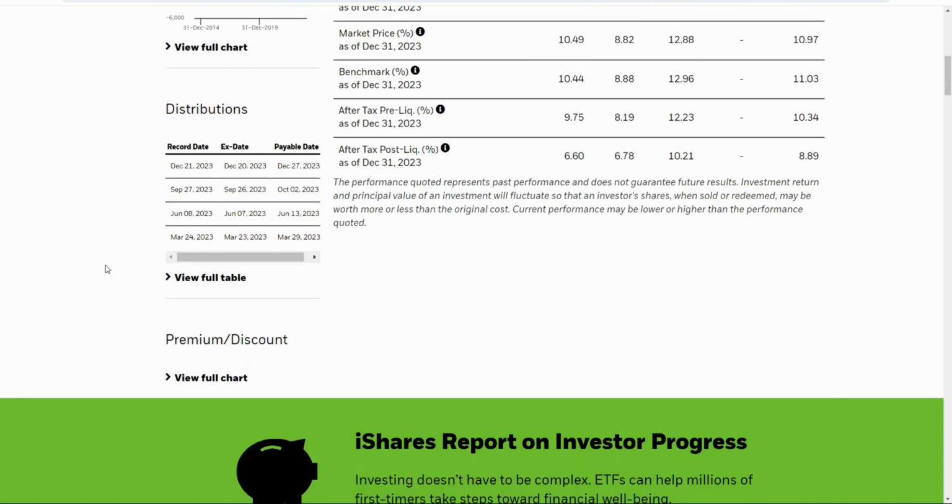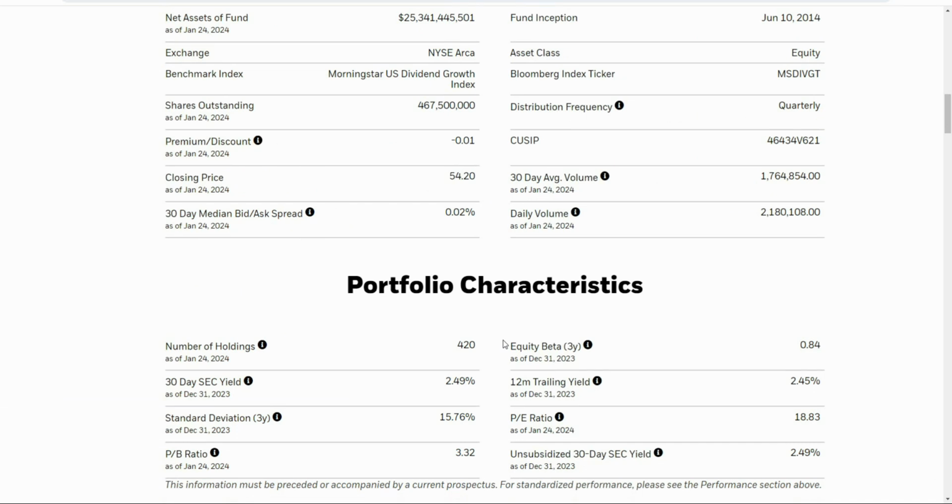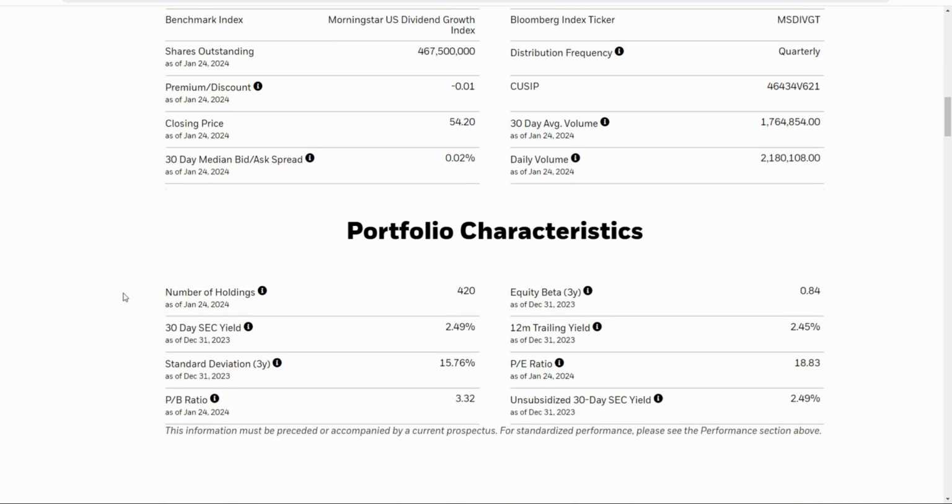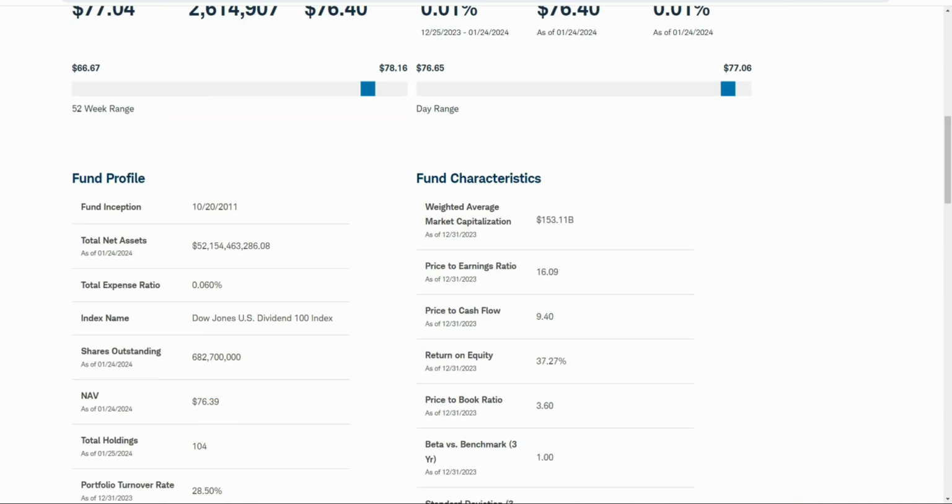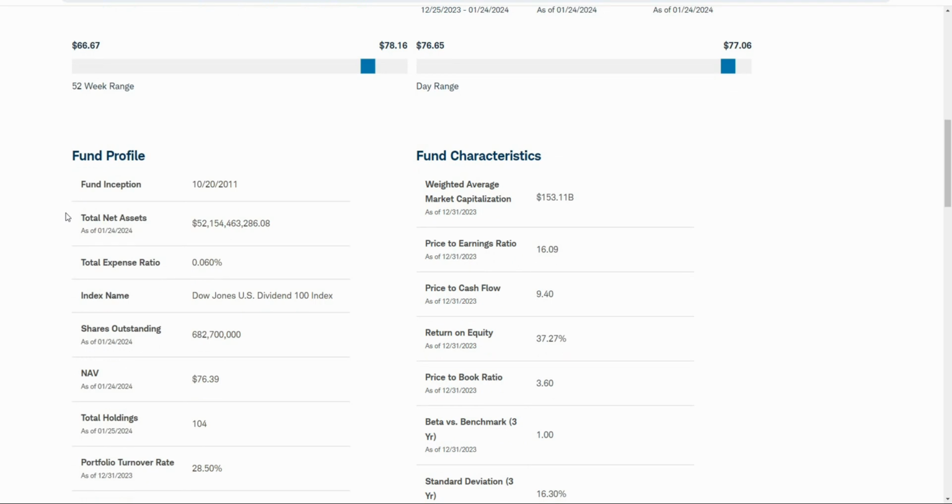Of course, the diversity that this ETF has is much better than SCHD, as this ETF does have far more holdings. So if you want to track more of an overall market, go with DGRO and know that you will get a slant toward dividends. But if you do want to have a more dividend focused portfolio, I would go with SCHD.